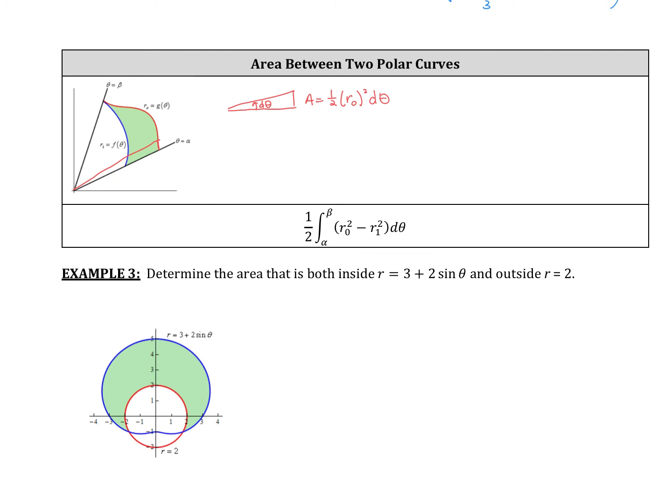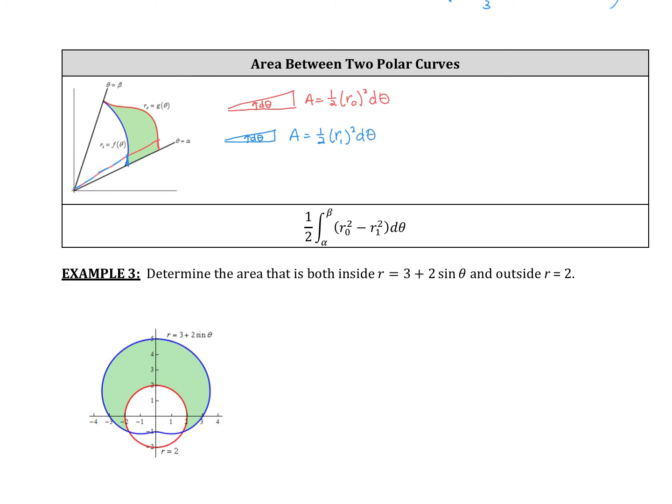Now, if I wanted to find the area of the smaller region right here, this too would have an angle of d theta, but my r value is going to be different. And this one would be the area equals 1/2 r sub 1 squared d theta.